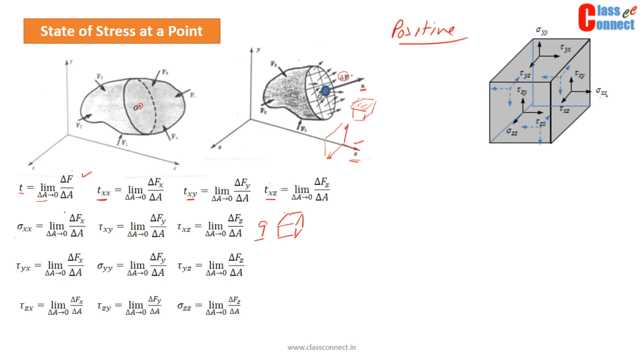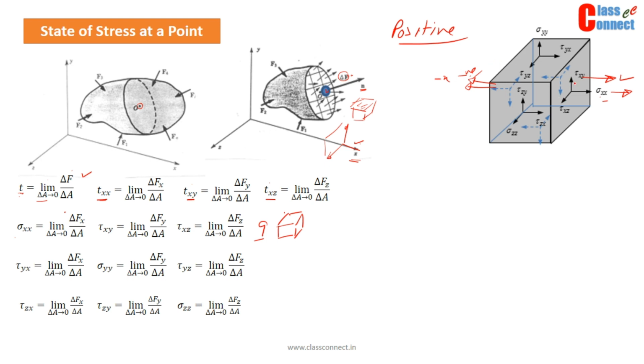Here this x is in this direction and this plane also has its normal in the same direction, so this sigma x is positive. Whereas this direction is negative x and the direction of the plane is also negative, so this is also positive. If one is positive and the other negative, then it is a negative state, a negative stress.